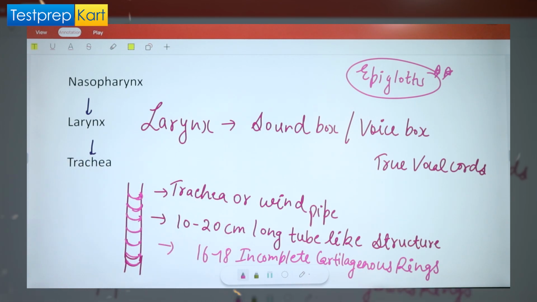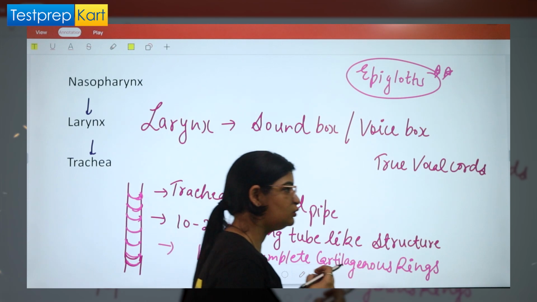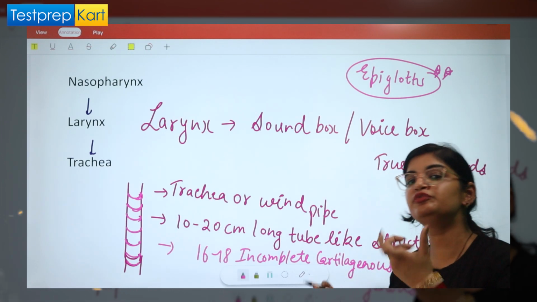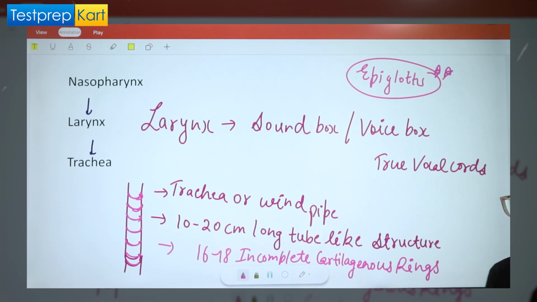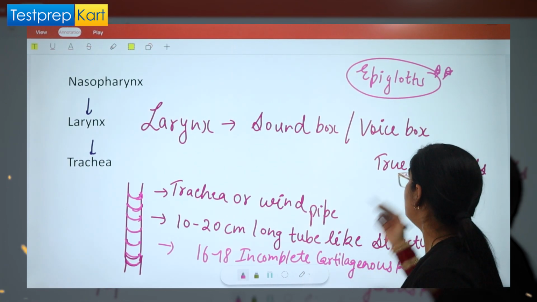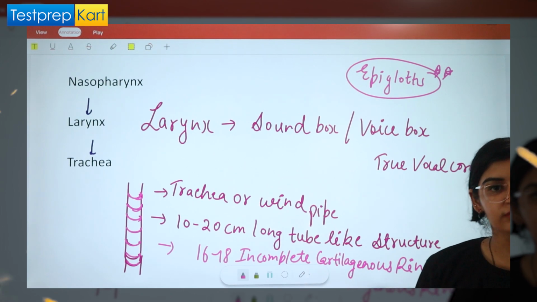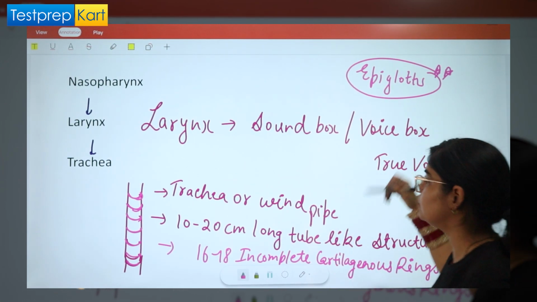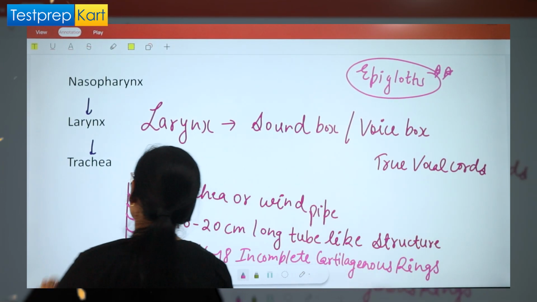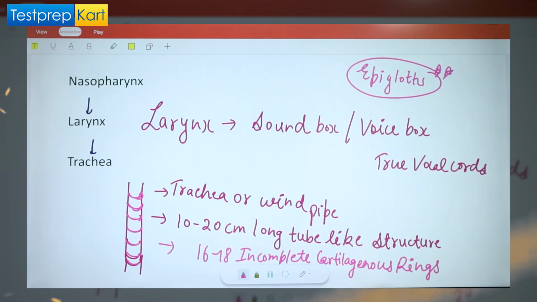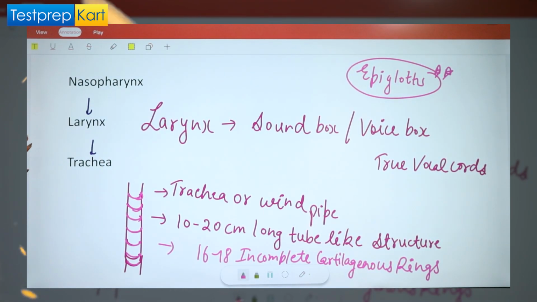That's why when we eat something, it is always said do not speak and eat simultaneously, because the food may enter the windpipe. But our body has the epiglottis, which covers the windpipe during swallowing of food and thus doesn't allow the food to enter the windpipe, right? So the air will enter from the larynx towards the trachea.